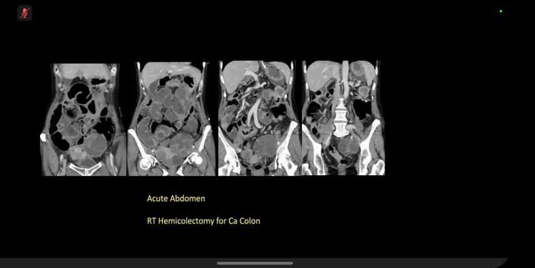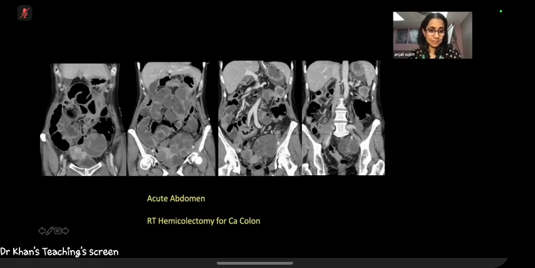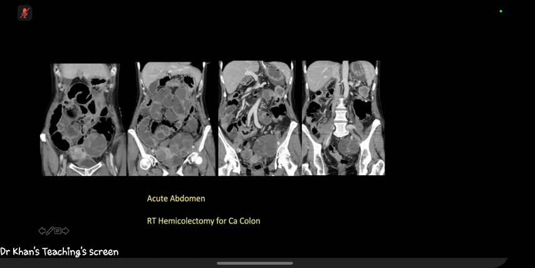Good. I'm trying to pinpoint the cause, which is possibly in the pelvis. What am I pointing at? Yeah, it's a large pelvic cystic solid, complex cystic solid mass.